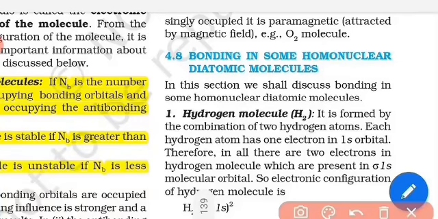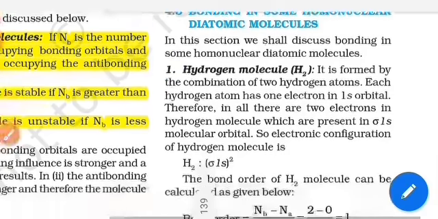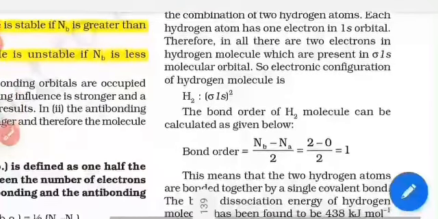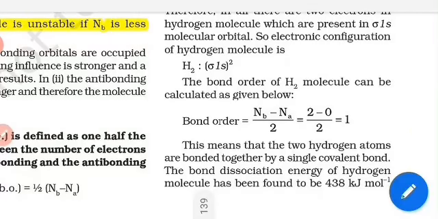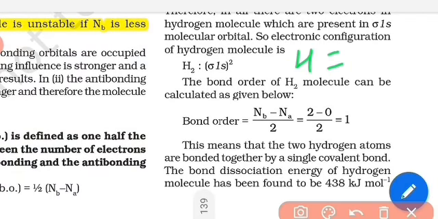Now let us discuss bonding in some homonuclear diatomic molecules. First is hydrogen molecule H2. The H2 molecule is obtained by linear combination of two hydrogen atoms. One hydrogen atom contains one electron. In the atomic state, the electronic configuration of a hydrogen atom is 1s1.